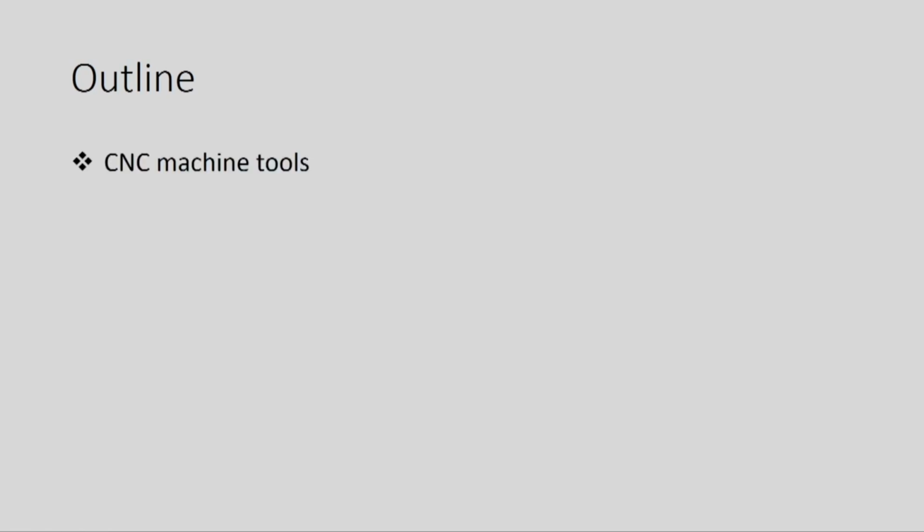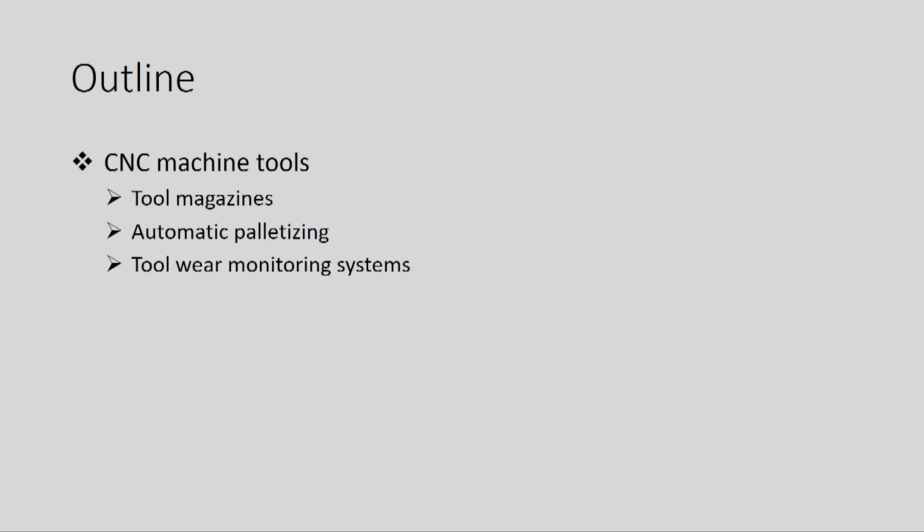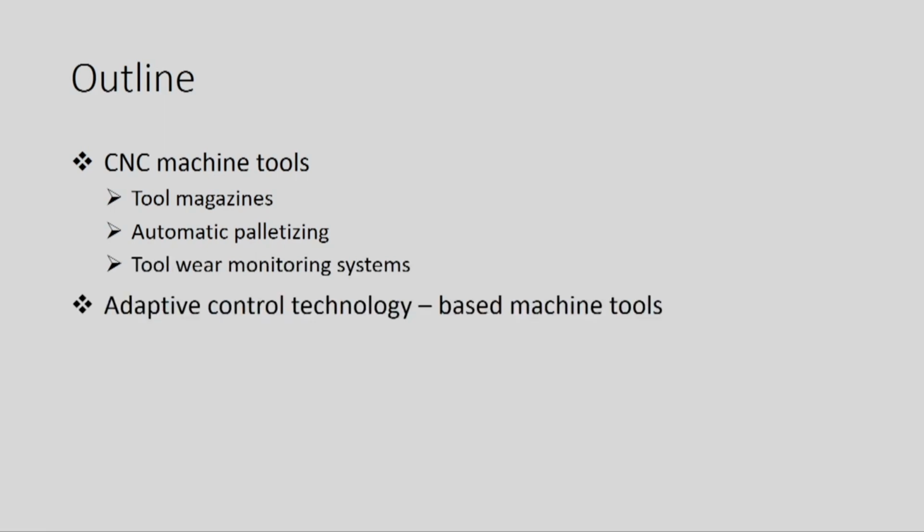We will be studying the CNC machine tools, various elements of CNC machine tools such as tool magazines, automated palletizing, tool wear monitoring systems. Then we will study a very important concept, that is adaptive control technology, and how the adaptive control technology is helping to build the modern machine tools.